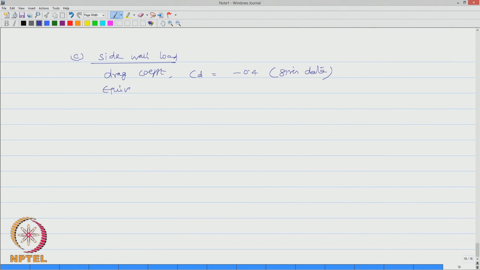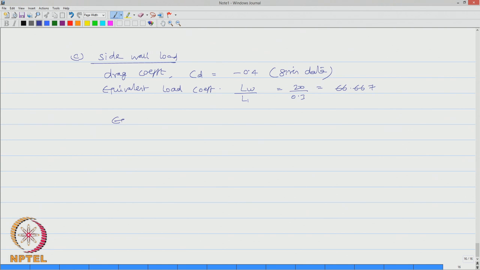The equivalent load coefficient for the sidewall is actually dependent on LW by L1, which is 20 by 0.3, which is 66.667.